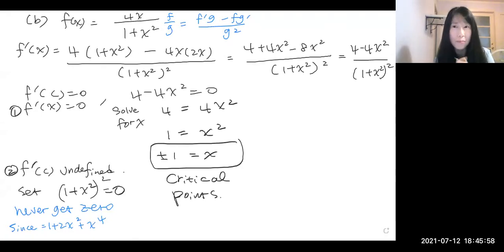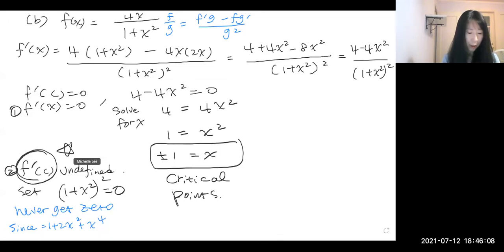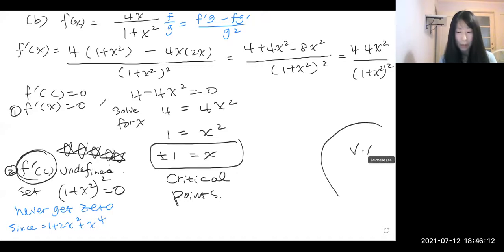This is f prime. So it's not necessarily an asymptote, but it's always undefined, whatever's in the denominator. In this case, f prime. When we talk about the vertical asymptote, it's the original one. So f is undefined here, while this is f prime is undefined. Can you see that?